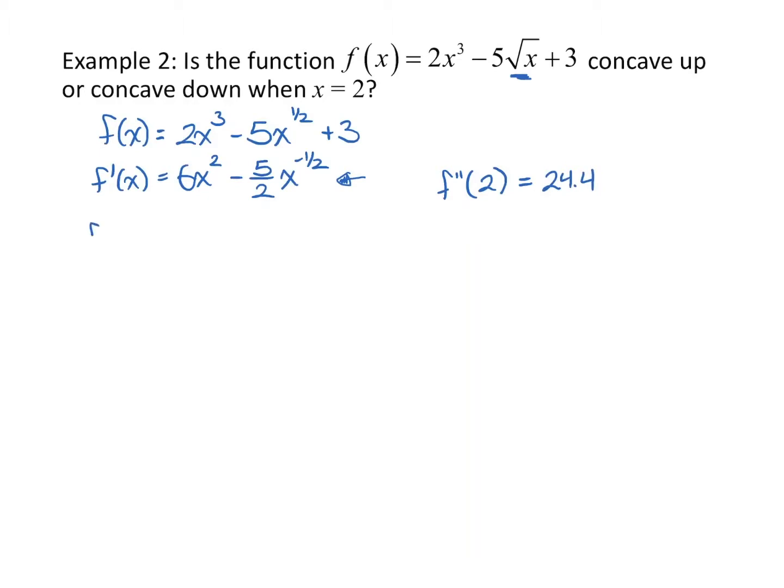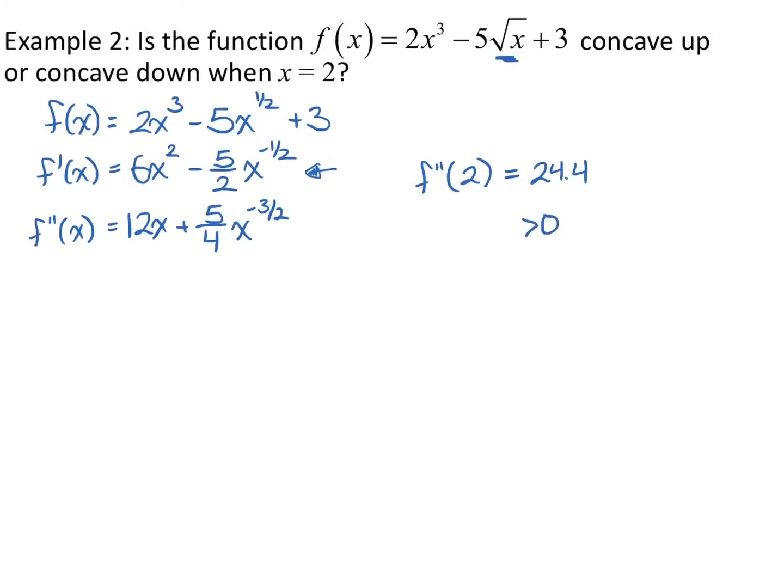If you're asked to show your work, you would have to find that second derivative by hand first. And then you can sub in the 2 and show what your answer is. Either way, we get 24.4. That is a positive number.